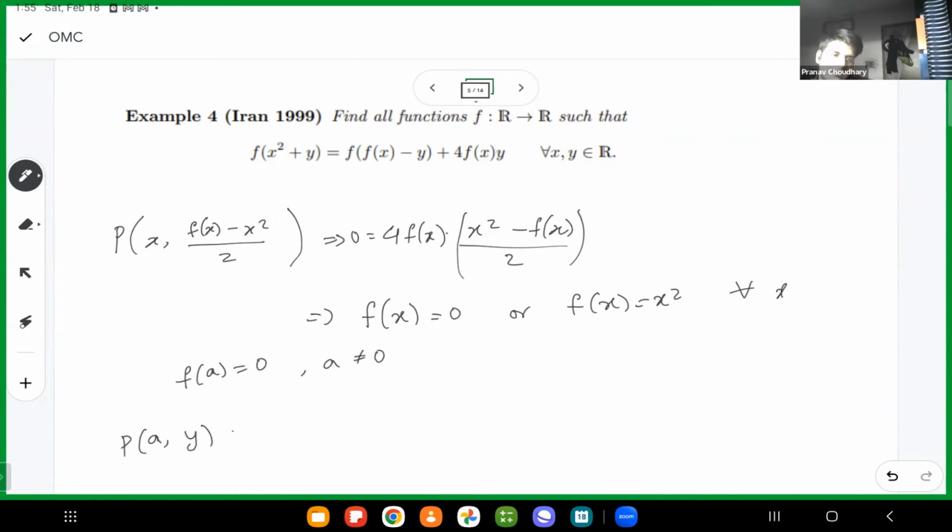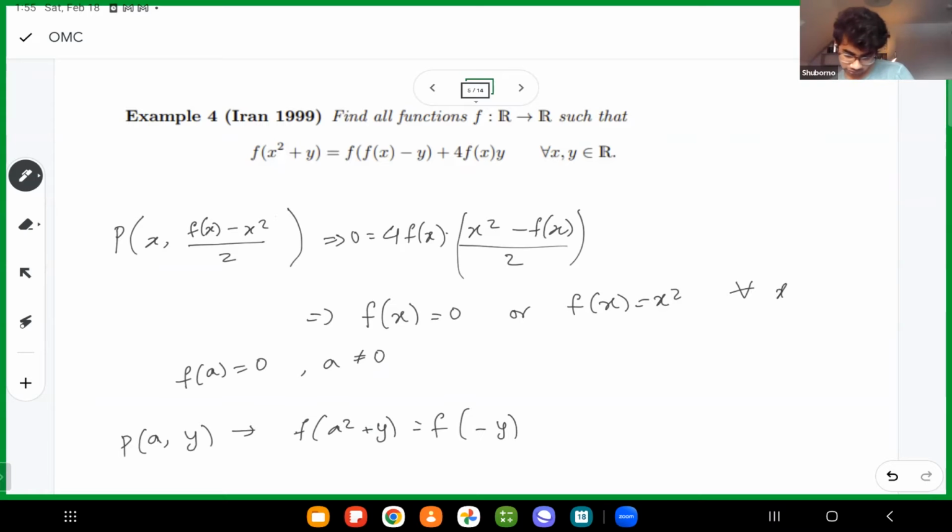Yeah, y. That will give f of a square plus y equals to f of minus y. And f was even, so that is equal to f of y. I don't think you need even though, it's fine, you can do it without even.